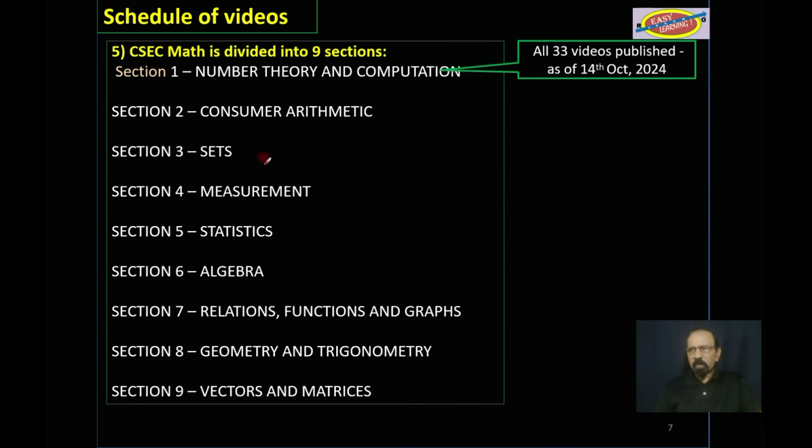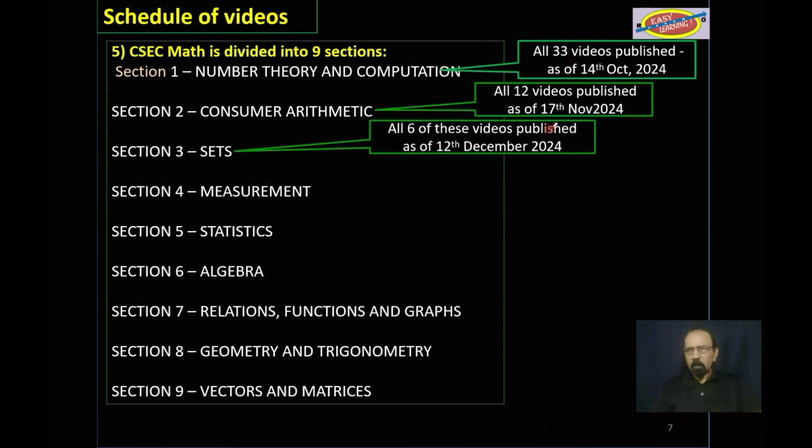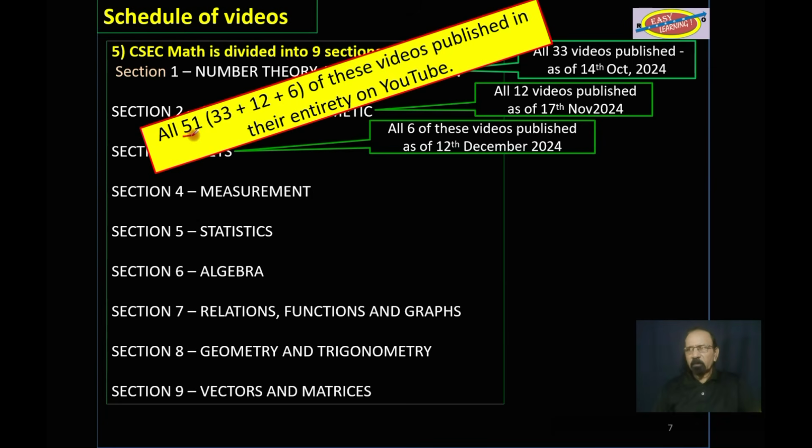As it relates to the sections of the syllabus and what videos have been done so far, sections 1, 2, and 3, all 51 of those videos have been done and published in their entirety on YouTube.